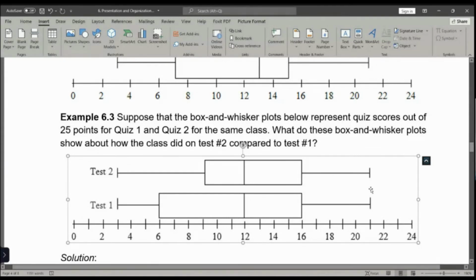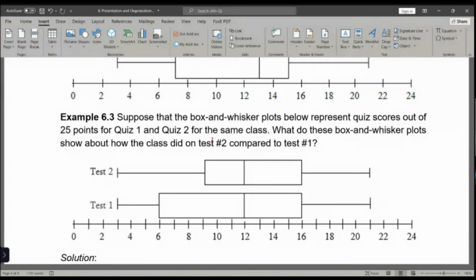The only difference between the two tests was the first quartile. Now, what does this imply?